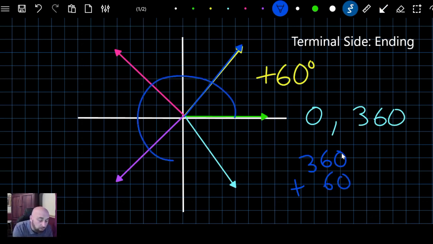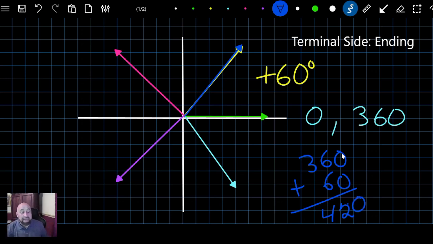Notice I went all the way around plus back to my 60. Okay, so that's a 360. That's one circle plus 60 more. So we would add those together. So we would get 420. So the blue one would be a positive 420. So it's a coterminal angle. So notice 60 is coterminal with 420. Okay.